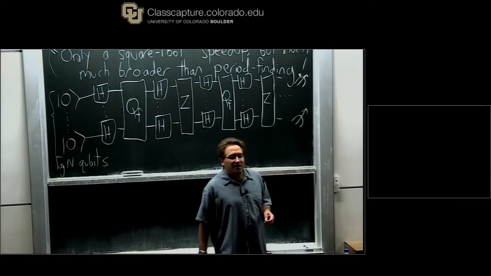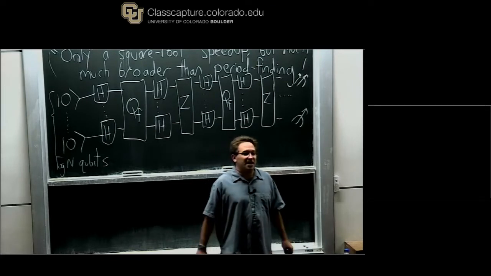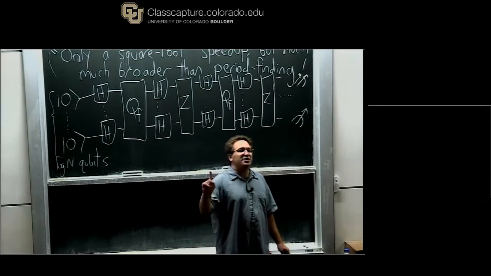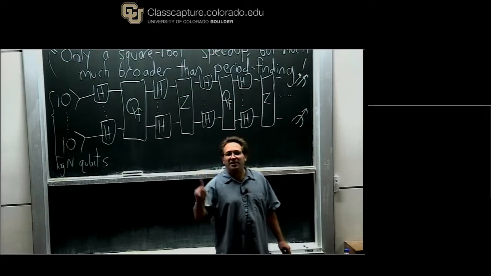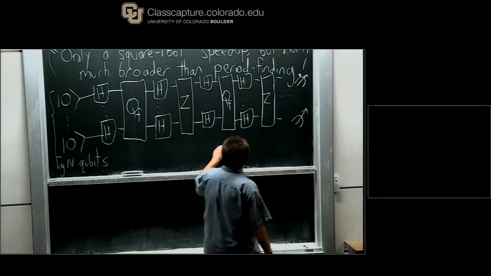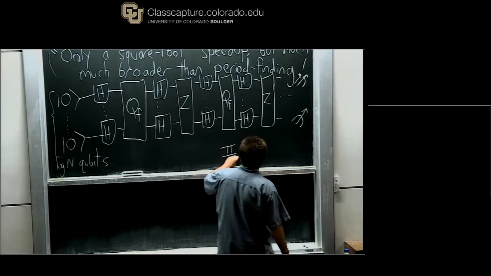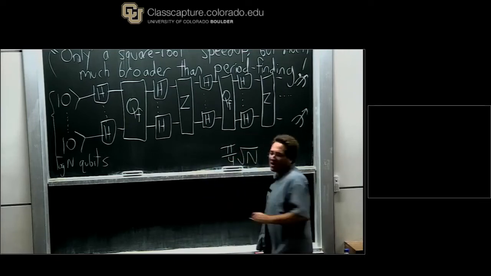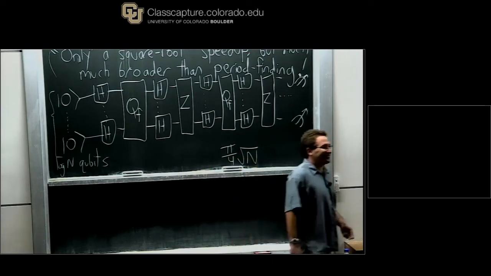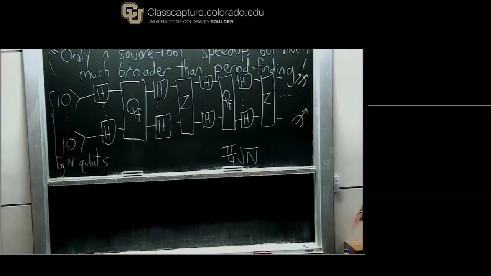To be more precise, if we knew that there was just a single marked item, then the exact number of iterations that we would need turns out to be pi over 4 times square root of n, which looks mysterious, but we'll see exactly where it comes from.